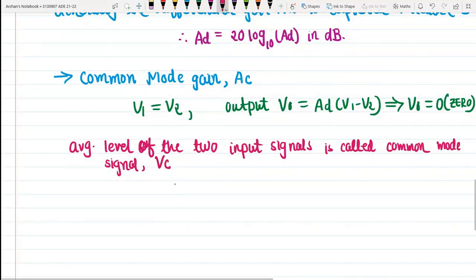Now what is the common mode signal? Vc is equal to V1 plus V2 by 2.